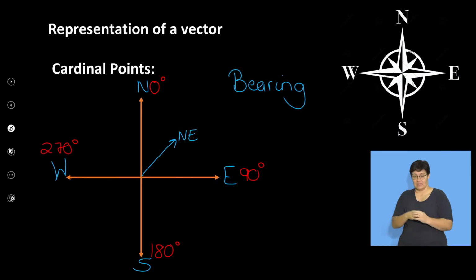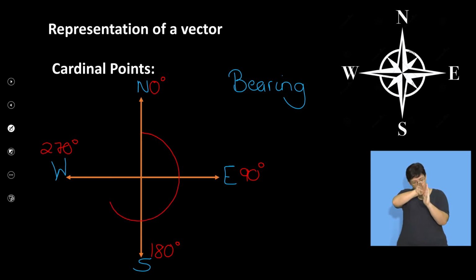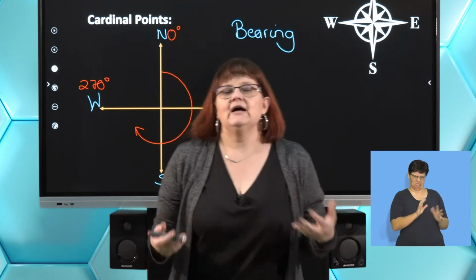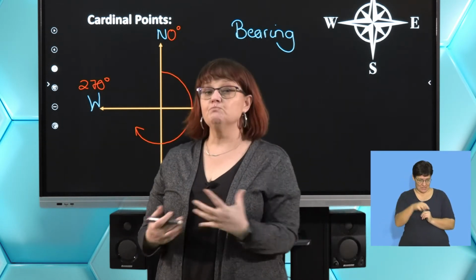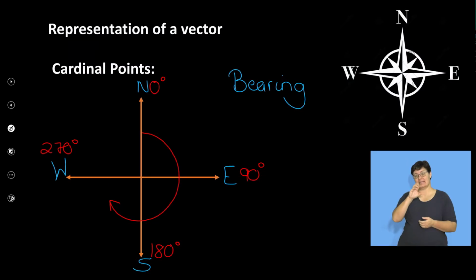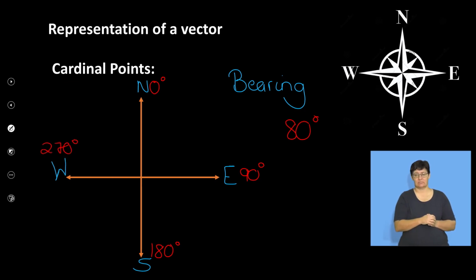So I'm just going to get rid of my northeast line quickly. Here, we start at north and we measure around like this. And that feels a little funny, but it's really important. So if I said to you that we had an object that was moving at a bearing of 80 degrees, what that means for me is I measure 80, and it does that.